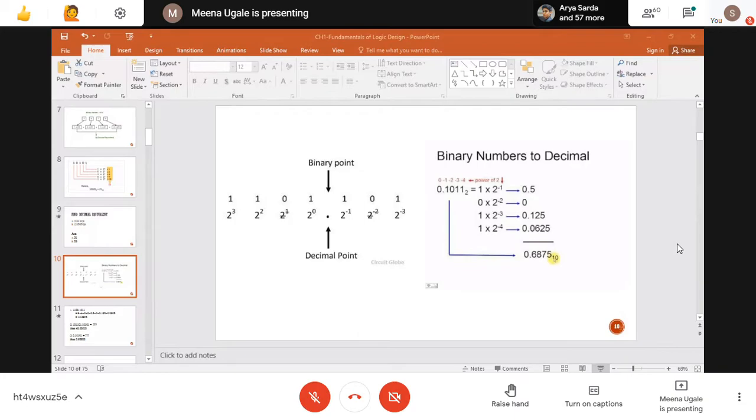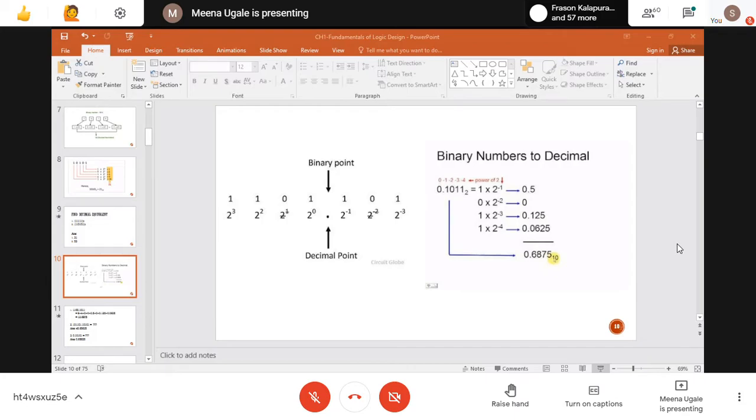I will add all these, and the final answer I will get is 0.6875. So the number 0.1011 will be represented in decimal as 0.6875. Got it? What are we doing? Just multiply the digits to the right of the decimal point by 2 raised to minus 1, 2 raised to minus 2, 2 raised to minus 3, and so on. 2 raised to minus 1 is equal to 1 by 2, 2 raised to minus 2 is equal to 1 by 4.